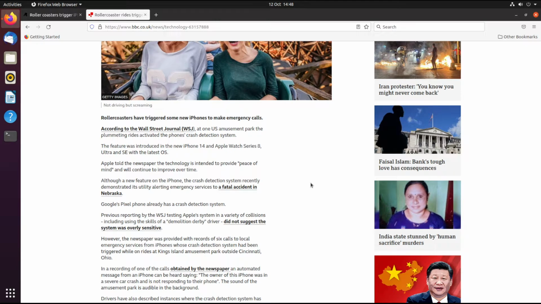It's has been in a car crash and is not responding to your phone. In fact, it's illustrated here. The owner of this iPhone was in a severe car crash and is not responding to their phone. And that's embedding quite a lot of not very well supported data into what you're reporting.